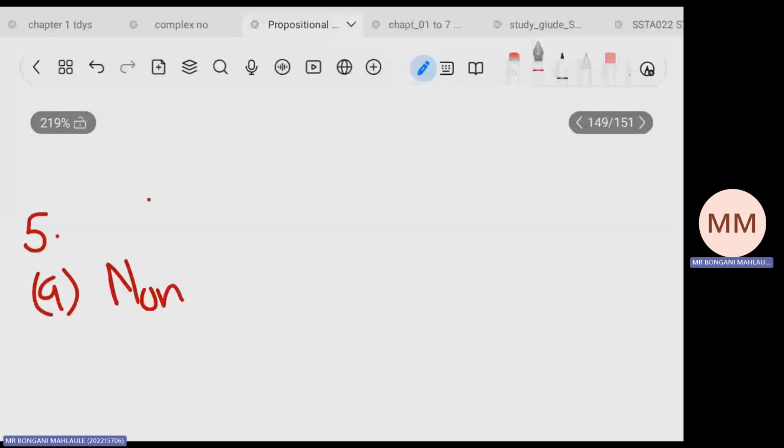So I'm going to come here. Now the sample space will be 36.